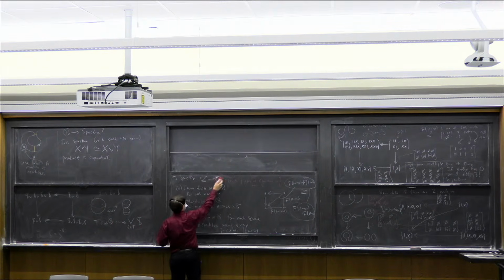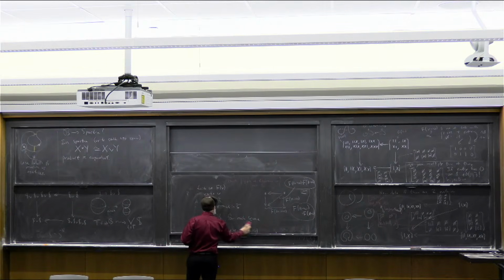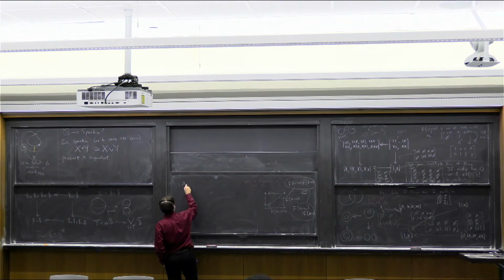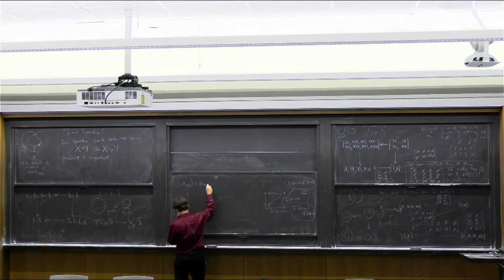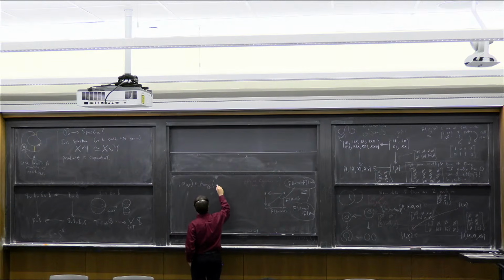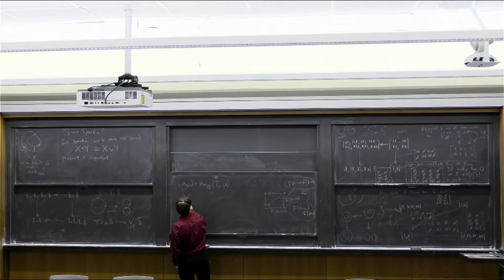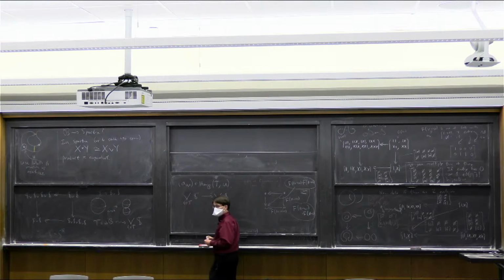And now, given a map from T to U, I should be getting a map from the wedge sum over T of the sphere to the wedge sum over U of the sphere.